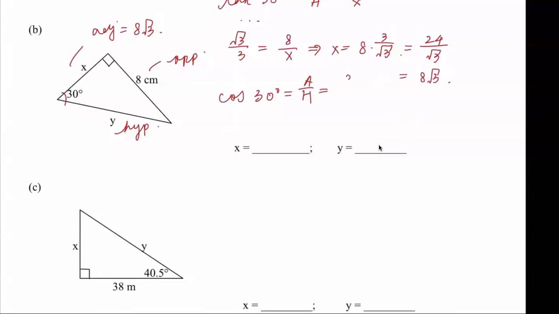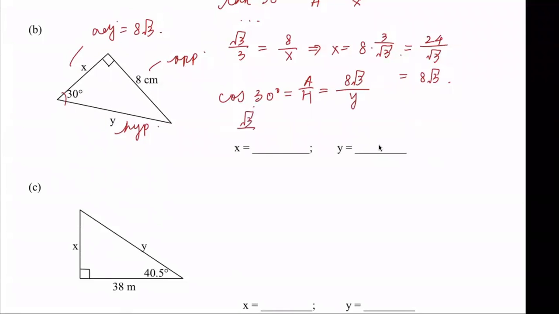And we know A is equal to 8 times square root of 3 over H is equal to Y, right? So this means if we know the value of cos 30 degrees, we can find Y. So what's cosine 30 degrees? Is square root of 3 over 2.